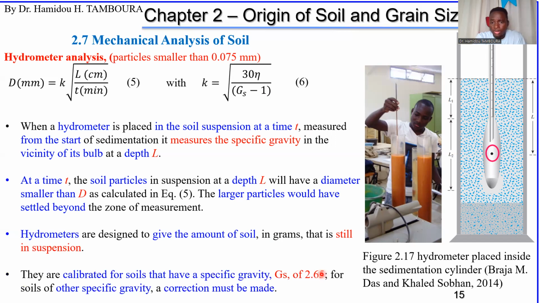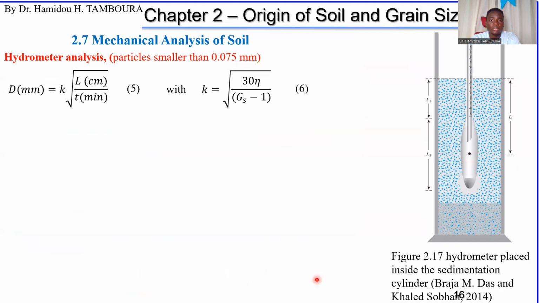There are many possible ways. Depending on the specific gravity of your soil, we have sometimes to correct this because the hydrometer is designed only for this specific gravity of 2.65.